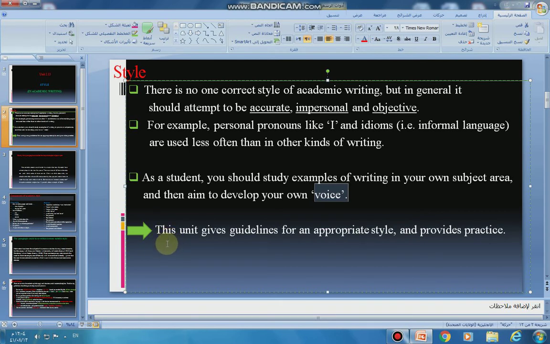After this short introduction, I just want to tell you that this unit will give you some guidelines for an appropriate academic style, and it will be accompanied with some practice, where we are going to apply the three key features we mentioned at the beginning of our lecture.